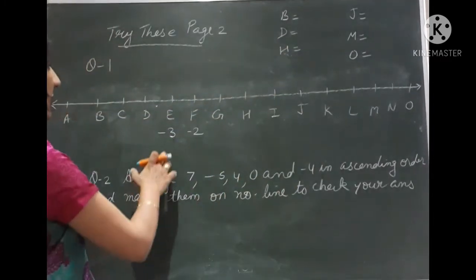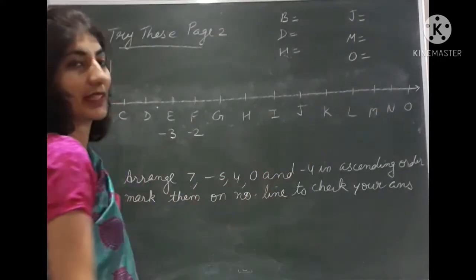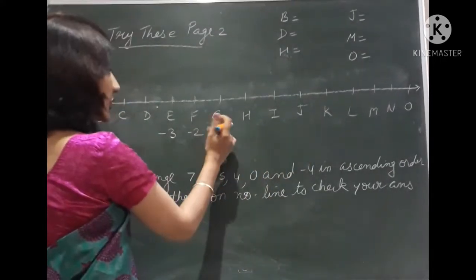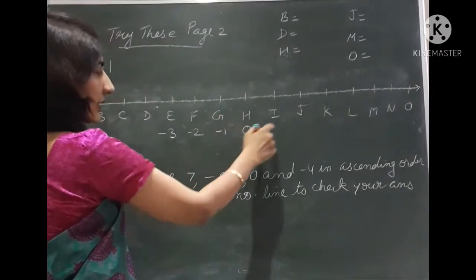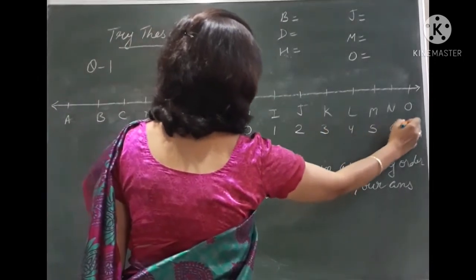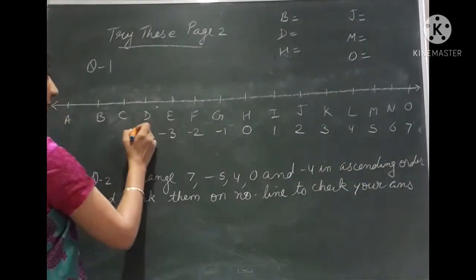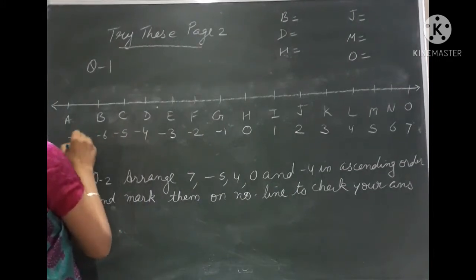You can see on the number line -3 and -2 are marked there. As we move to the right on the number line, the value increases. So this G will be -1, H will be 0. Then here 1, 2, 3, 4, 5, 6, 7. And on the left hand side the value decreases, -4, -5, -6, -7.